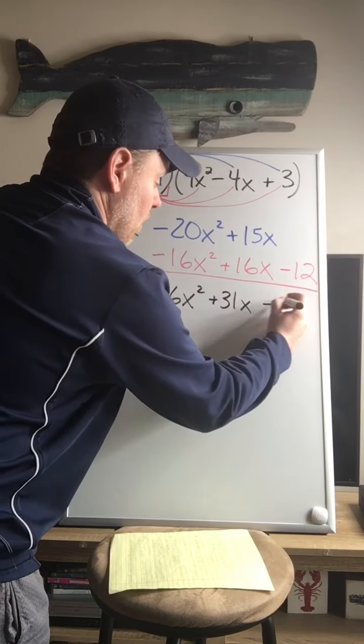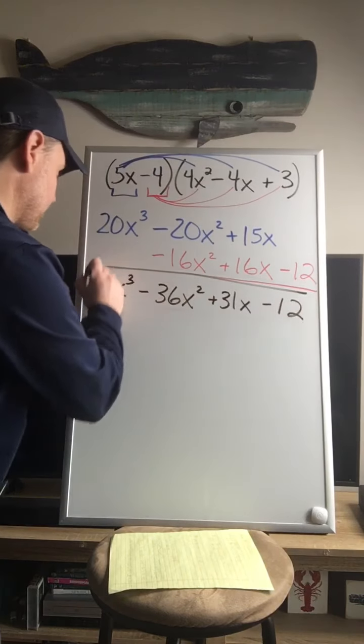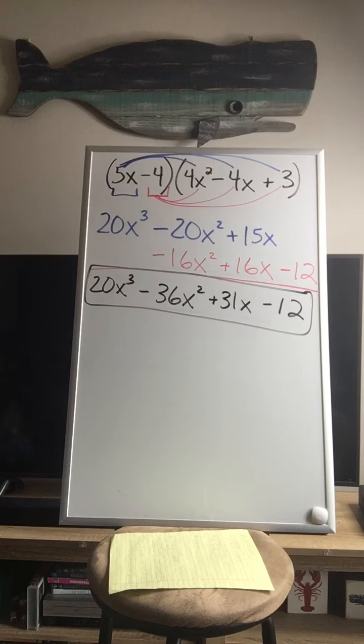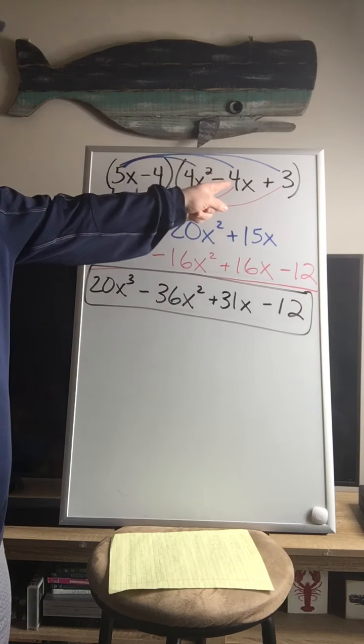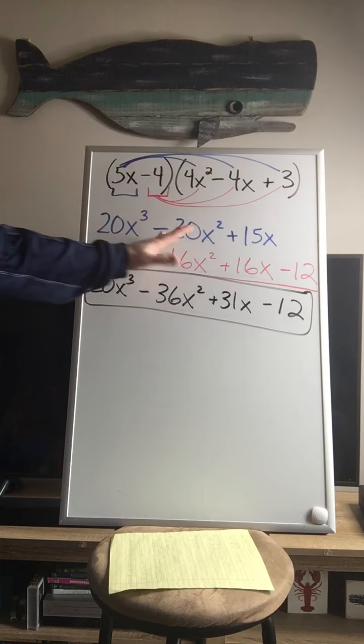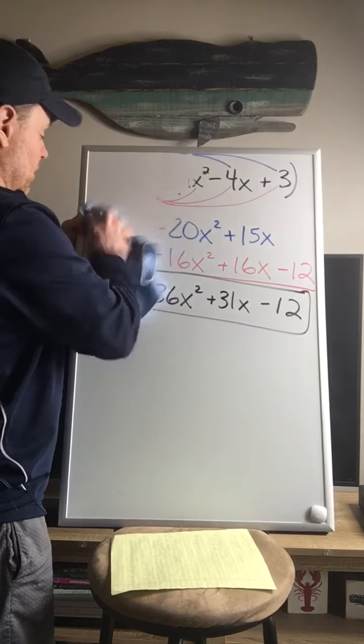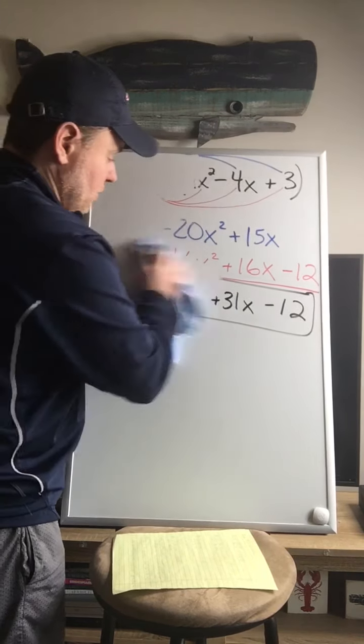And then the minus 12 has nothing to combine with. So, you simply distribute each term here times all the terms there, and then you combine the like terms afterwards. Let me give you one more for you to try on your own.